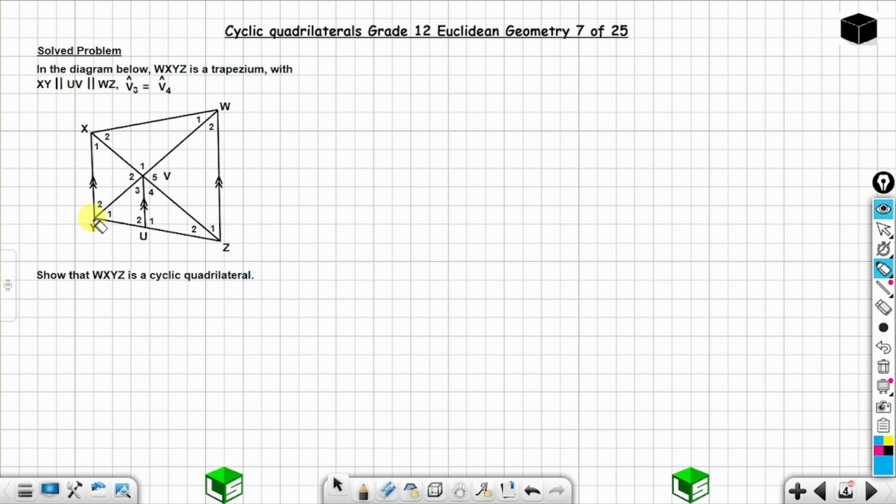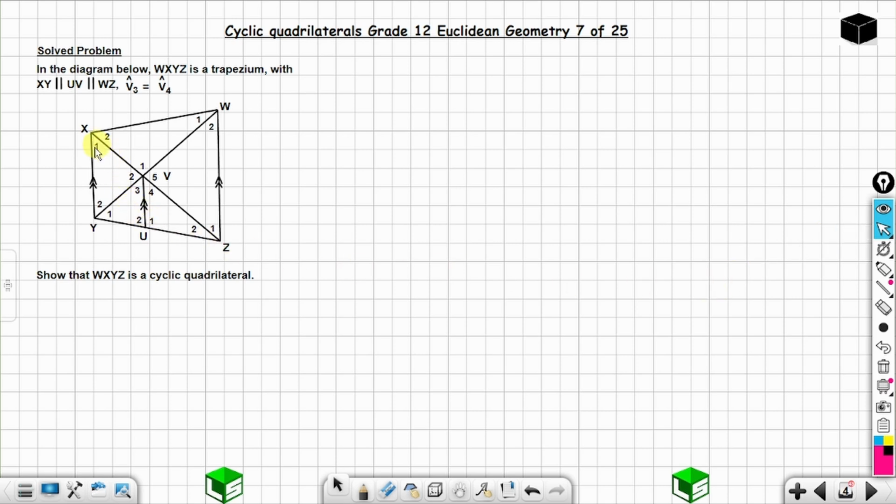If we use this side, then we have to prove that this angle is equal to this angle. If the two angles are equal to each other, then this is a cyclic quadrilateral. Okay, so let me erase this.